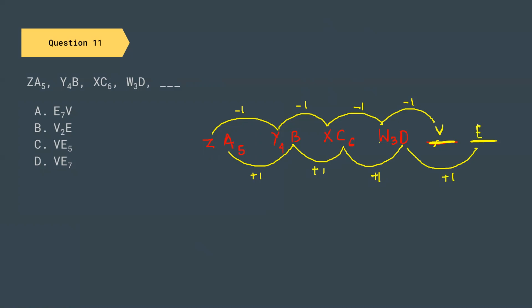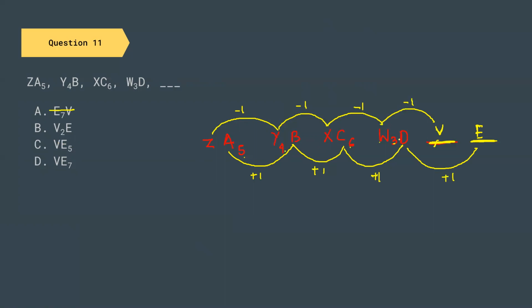Now that we have put on these two letters, let us look into our viable answers. E cannot come before V, so this is eliminated, and we have these three options. Now let us see. In the first result, 5 comes at the second letter, then 4 comes at the first letter, then 6 comes in the second letter, then first letter.